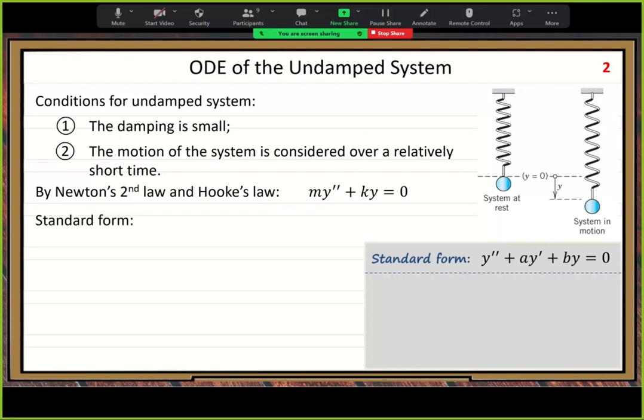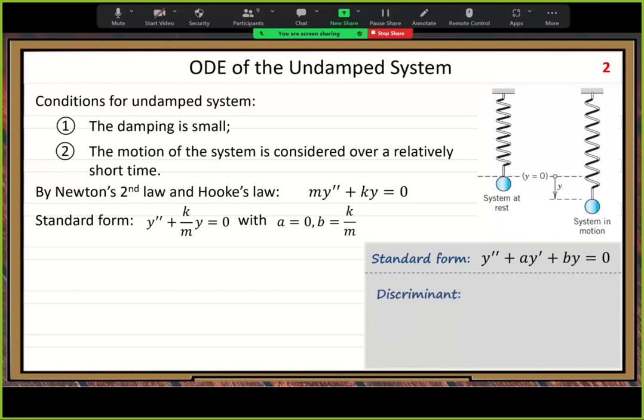Let's convert it to the standard form. Divide by the mass on both sides. That's the standard form. In the standard form, a equals 0. We don't have the middle term, a times y prime. So a equals 0, b equals k over m. Very simple equation.